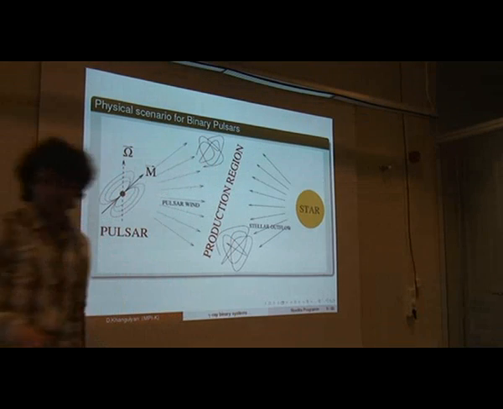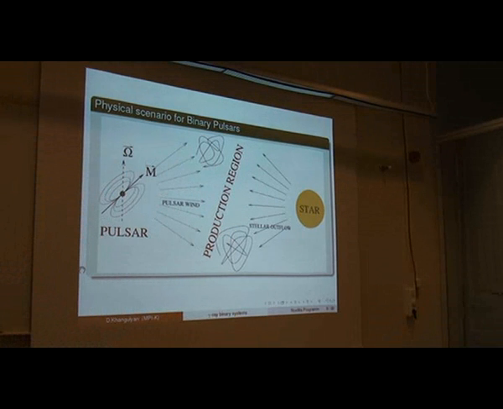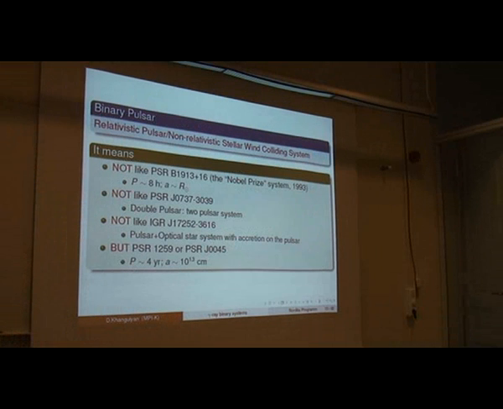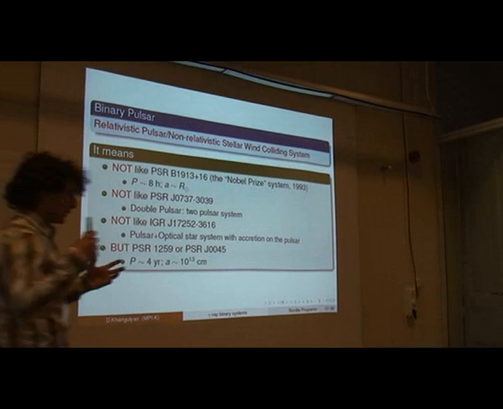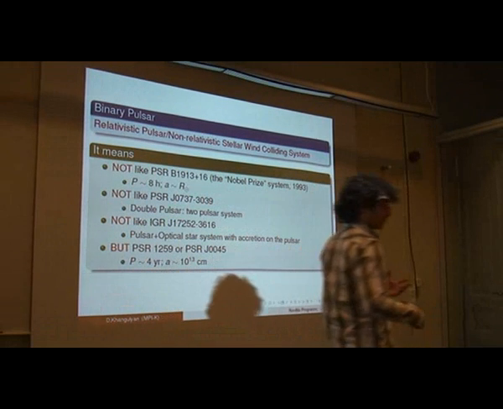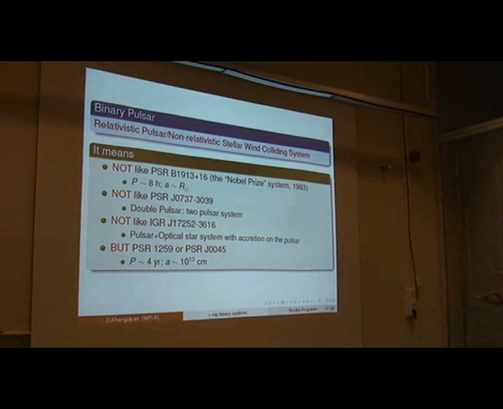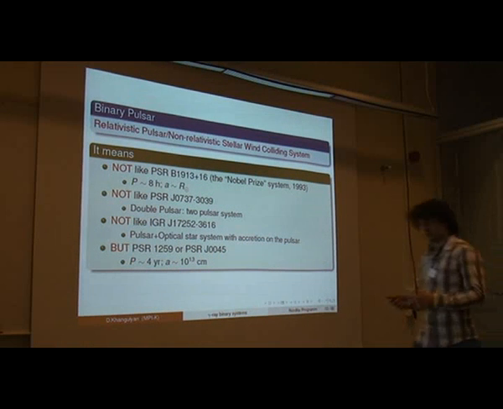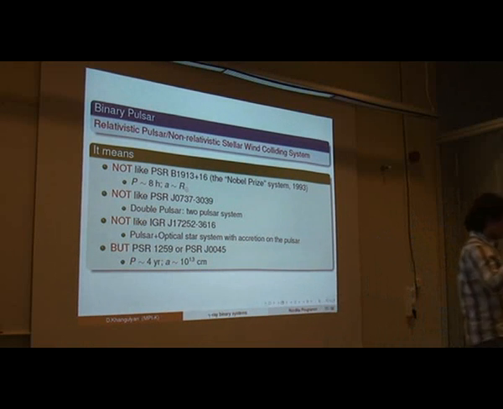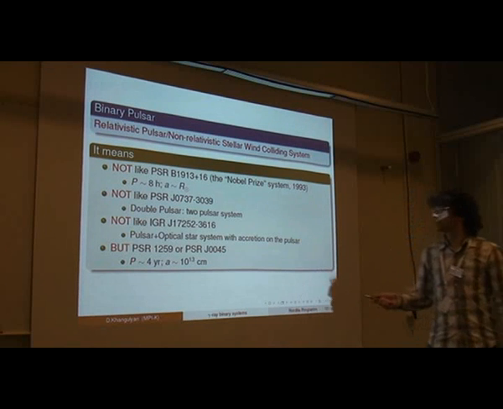And to clarify possible confusion about the term binary pulsar system, because there are many binary systems containing pulsars, I will not speak about systems similar to PSR B1913, where a pulsar and another star orbit each other with a very small separation distance.